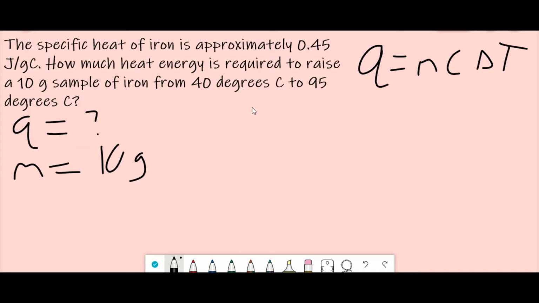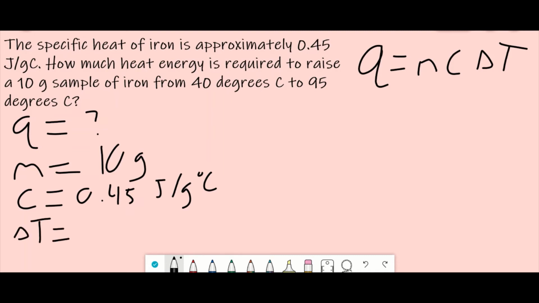Our C, our specific heat, remember, it tells you at the beginning the specific heat of iron is 0.45 joules per gram Celsius. They give this in joules, so we know our Q is definitely going to be in joules as well. So it's going to be 0.45 joules per gram Celsius. And our delta T is our change in temperature.